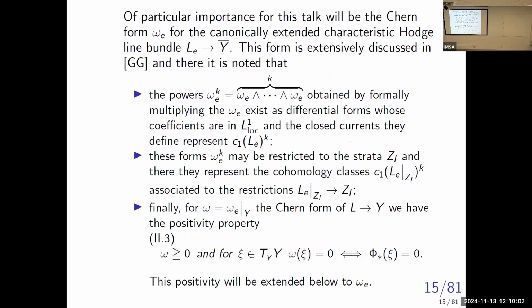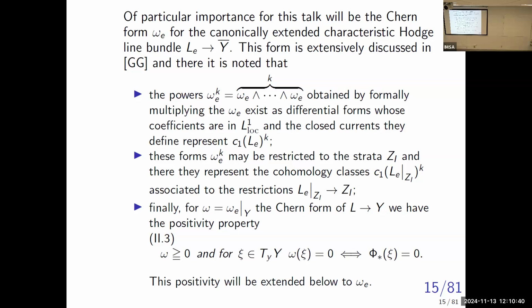And of particular importance is not only that the Chern forms are themselves closed positive currents in L1, so you can integrate them, but you can also wedge them together. So it's not just individually the Chern forms have controlled singularities, but the whole exterior algebra does. So for example, if you take powers, just formally multiply, these are Chern forms.